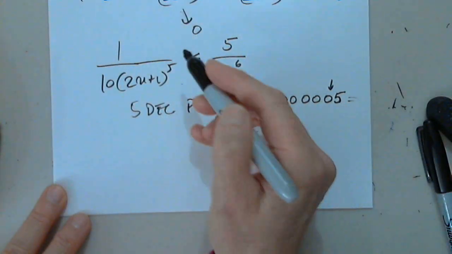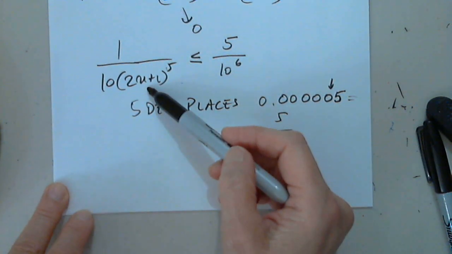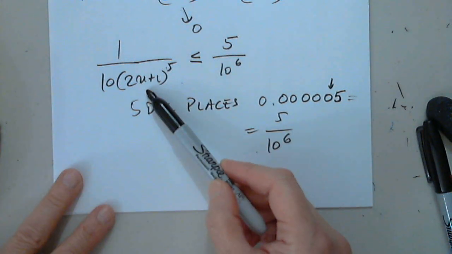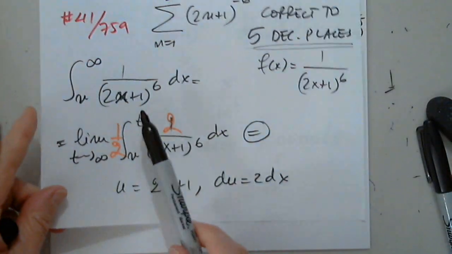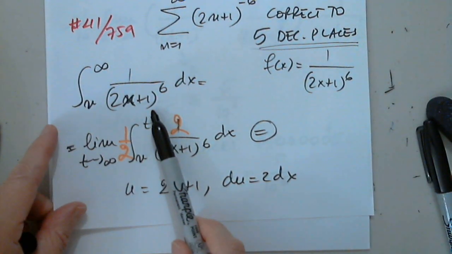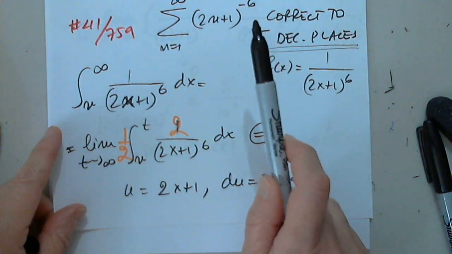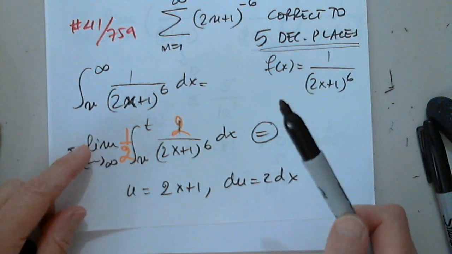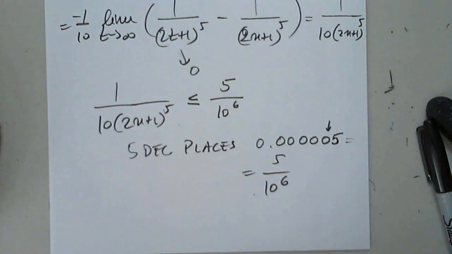Okay, so I'm going to try to solve this inequality for n. That should give us the number of terms that we need in order to approximate the total sum of this series to 5 decimal places.